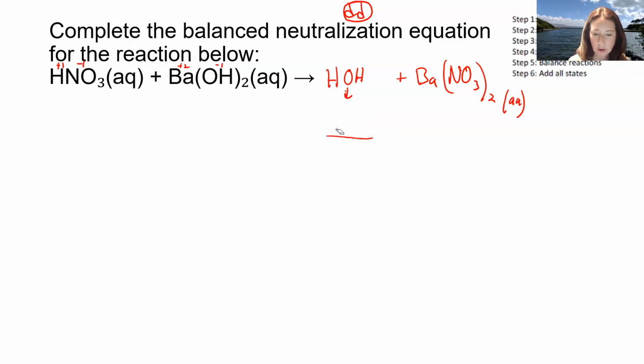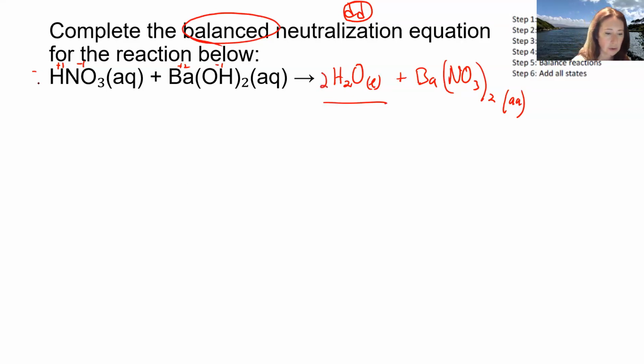I'm just going to put water up here so I don't have to rewrite the whole thing, and it's a liquid. So something new was formed. Water was formed. That's our new thing. And then we have to balance it because it asks for a balanced reaction. So 2, 2. And if I take these charges off, this is what it should look like in the end.